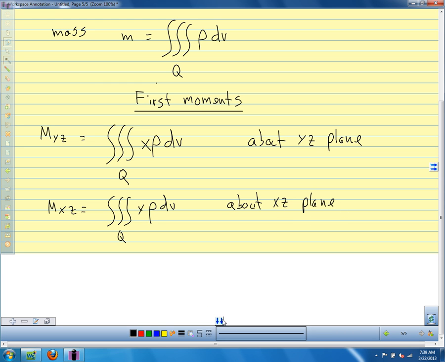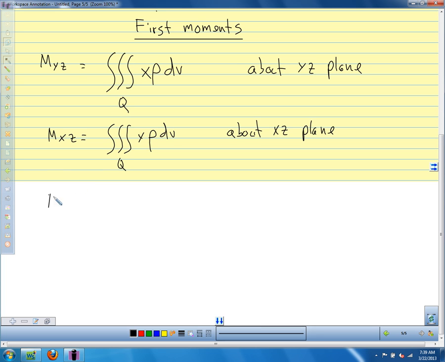And for our third one, which combination don't we have? xy. It's the triple integral of z rho dV. So we're just multiplying the little increment of mass times its distance from a particular coordinate plane.